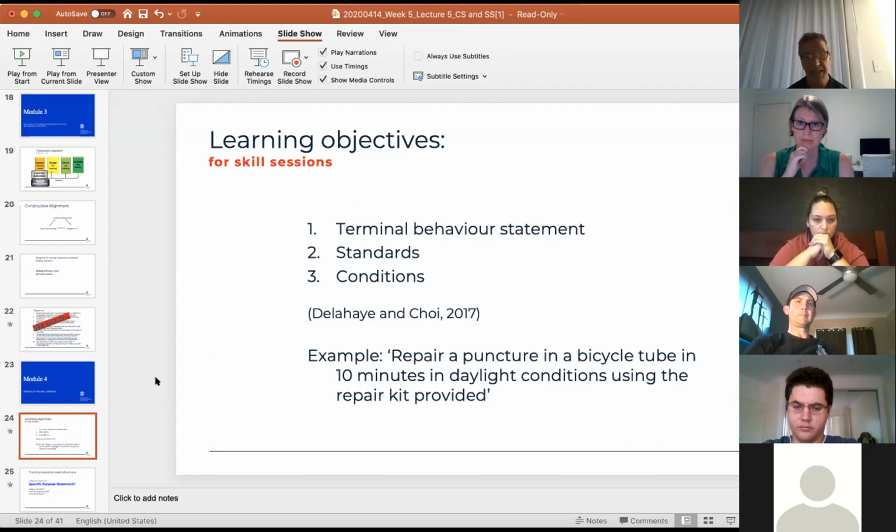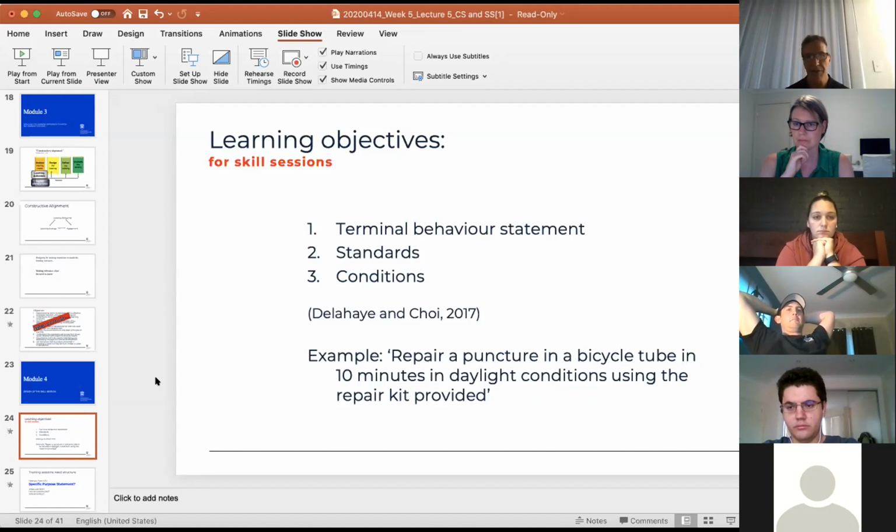It's specific. It's quite clear. So if you're doing a skill session, you would need to have something like that, a terminal behavior statement. It might be that you say you want somebody to be able to tie a particular type of knot, in certain conditions in a certain time.